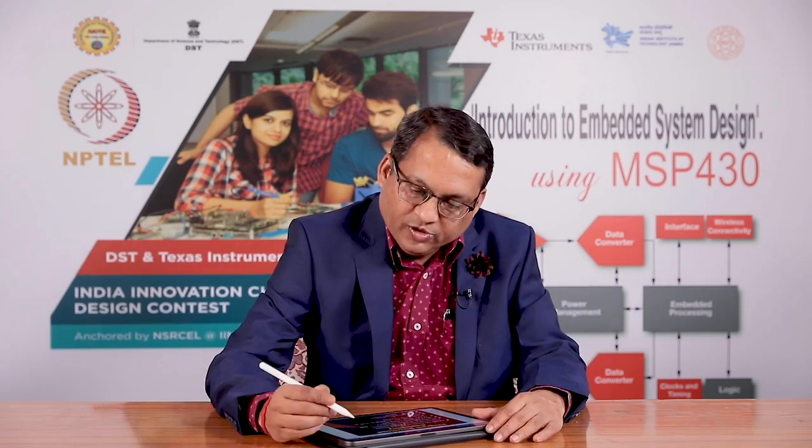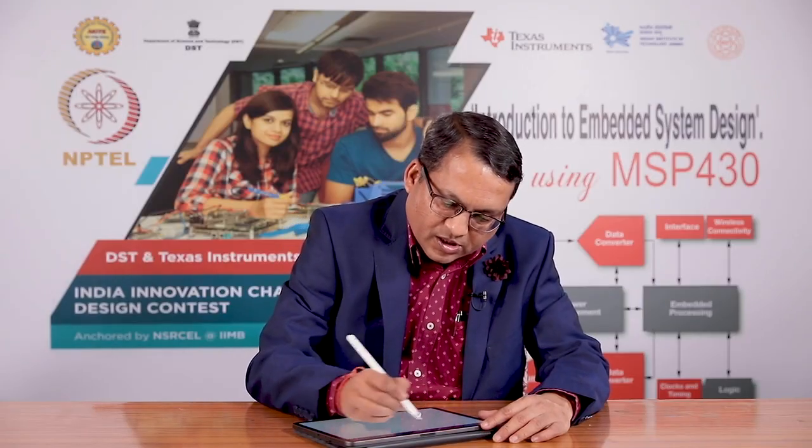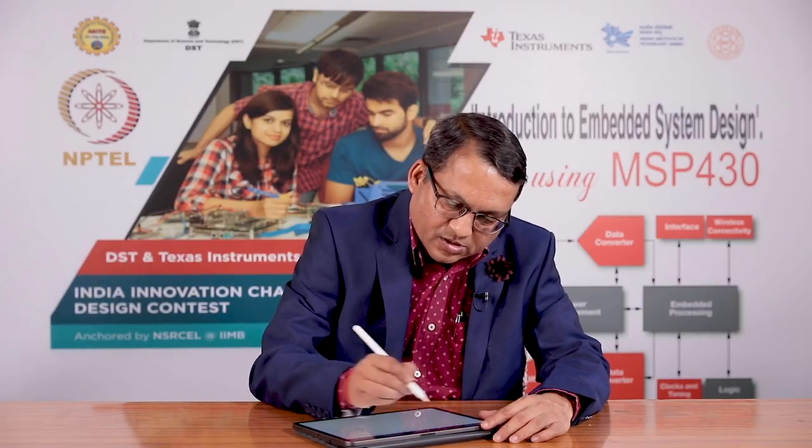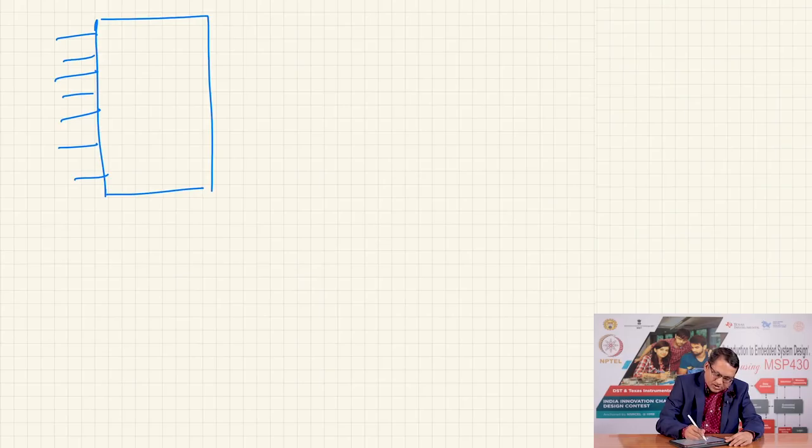EEPROM typically would have a window. So if this is your IC and these are the pins, I am just drawing it for the sake of reference. You would actually have a window.